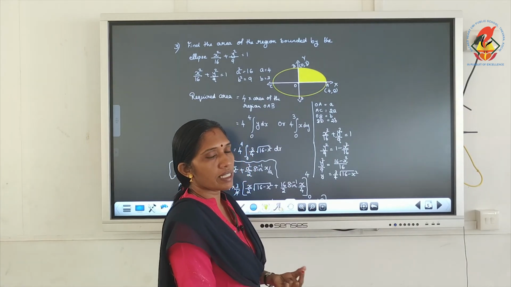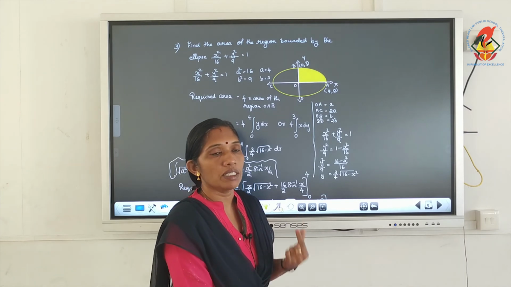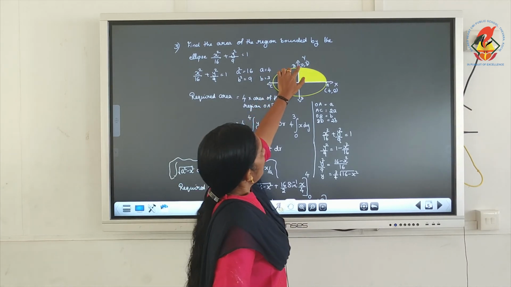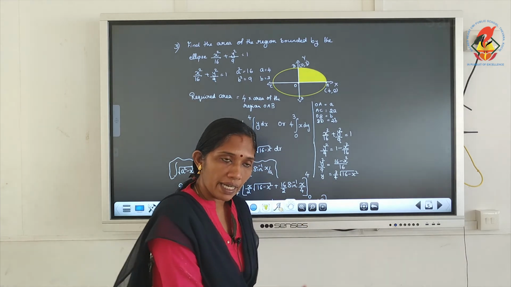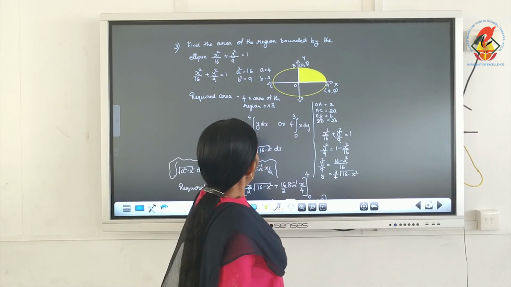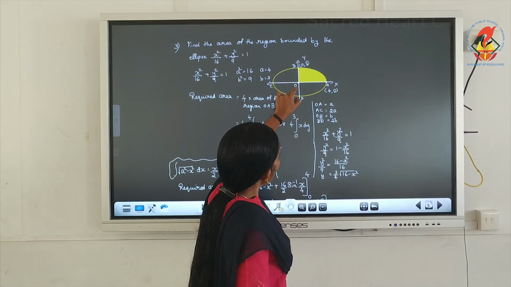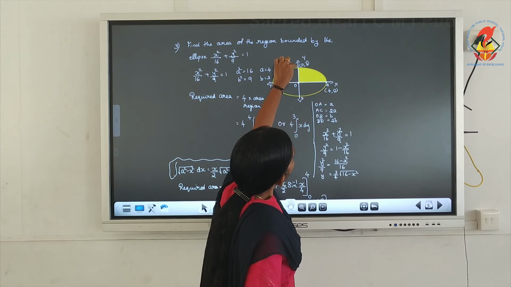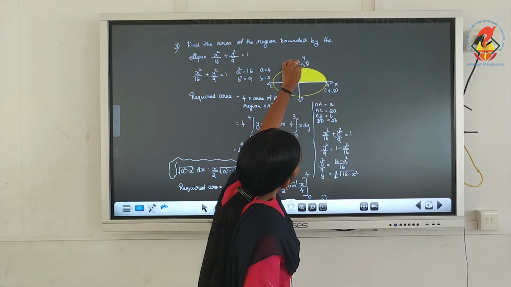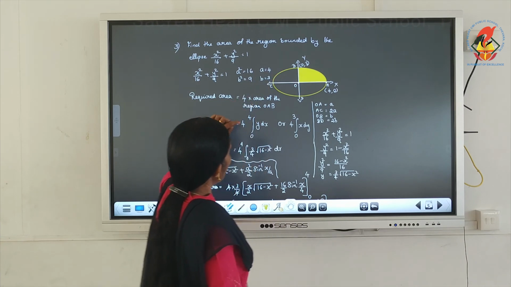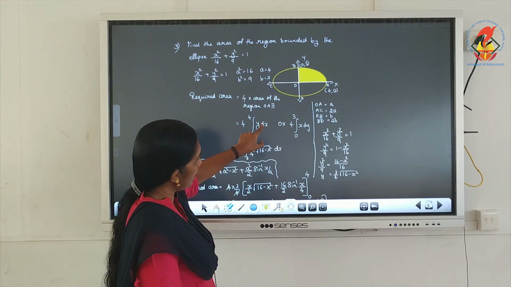If a square is 16, a is 4, and b square is 9, so b is 3. You can take either x or y; here I am taking x. So from 0 to 4, area under the curve, the formula is y dx.